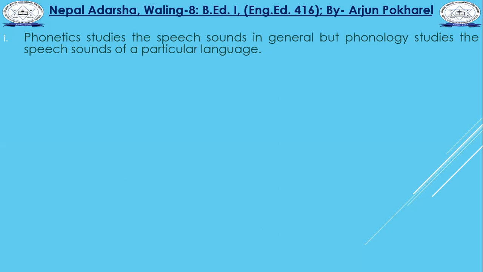When you say sound system of Nepali language, sound system of English language, sound system of Hindi language, sound system of British English, sound system of American English, if we study in this way separately, then we are doing the phonology of Nepali language, phonology of English language, phonology of Hindi language. But phonetics remains one and the same for all the languages of the world.